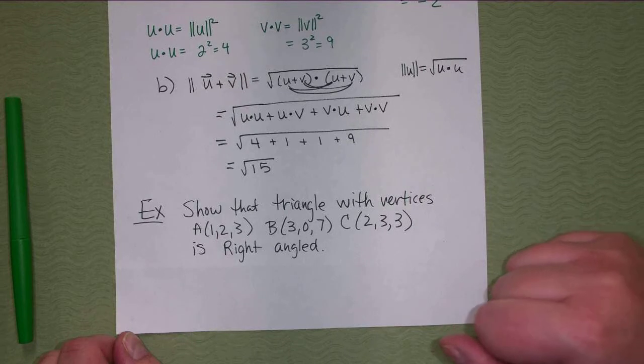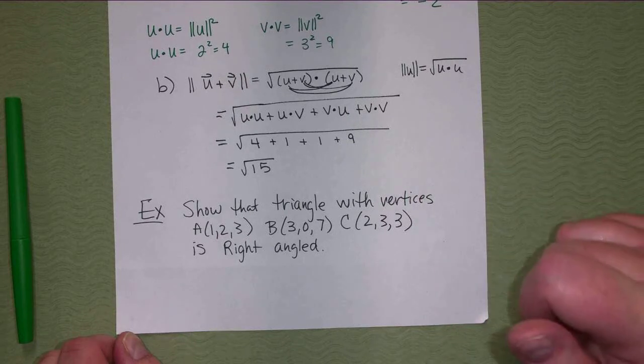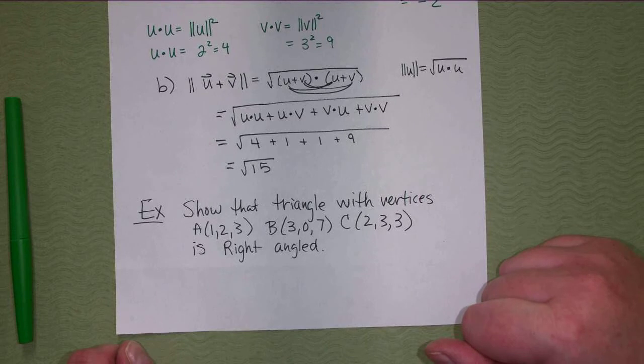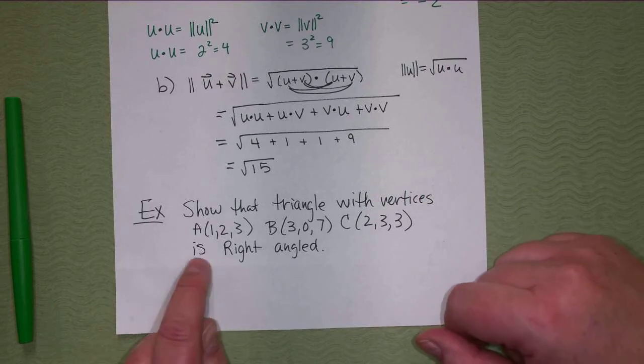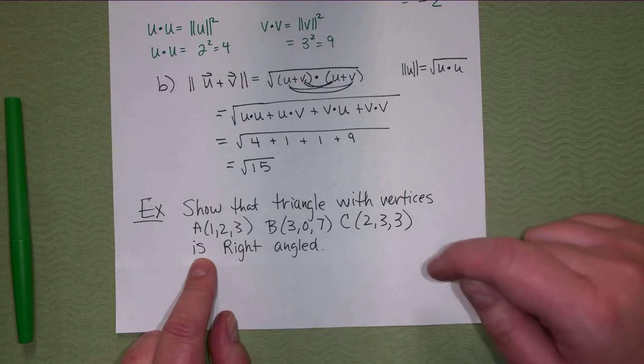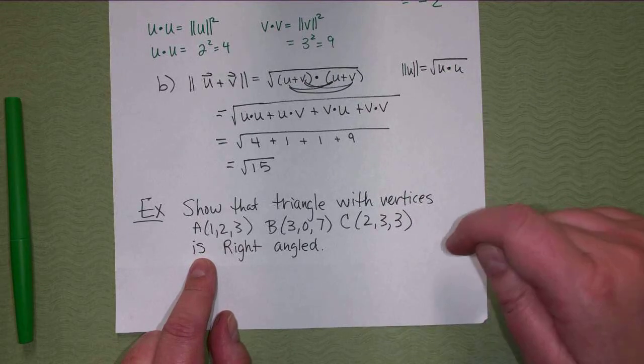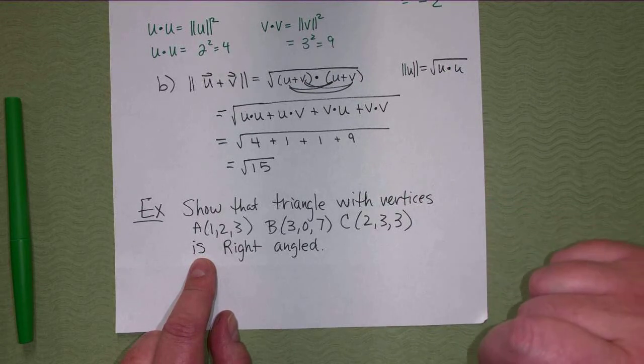So one other thing I want to point out about this question before we even do it is that I could word this question differently, and you would approach it differently. Right here, this says, show that the triangle is right-angled. So what do you know about the triangle before you start? It is a right-angled triangle.